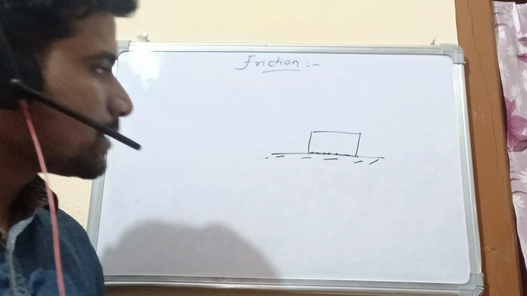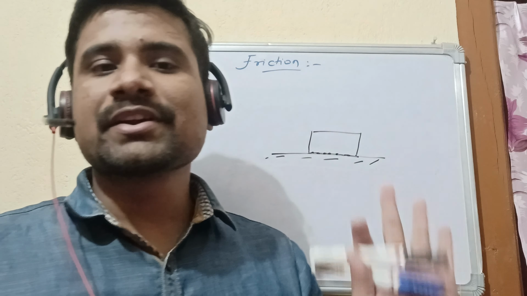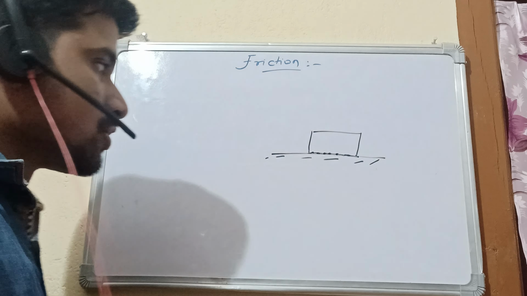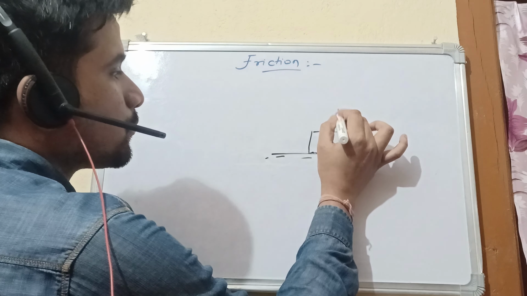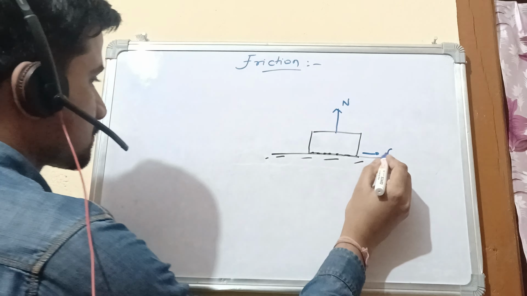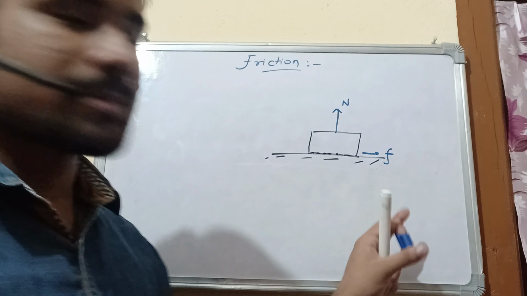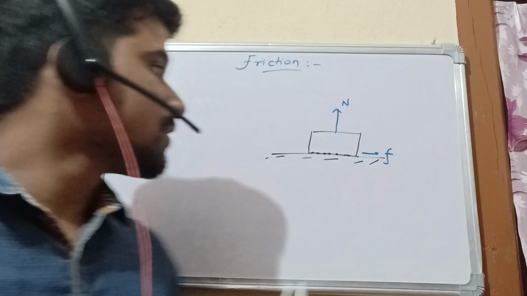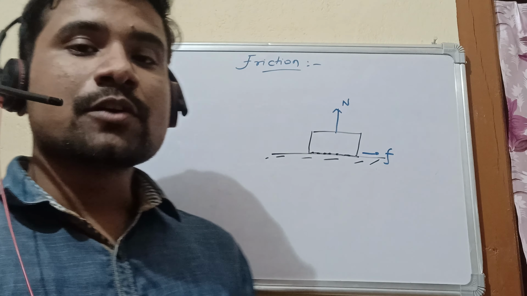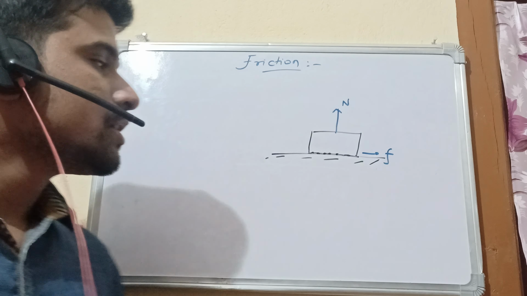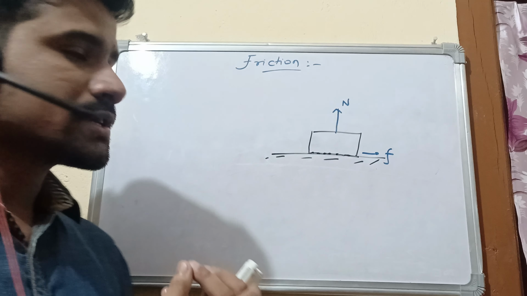Now we know that the surface offers a normal reaction as well to this block in response to the gravity. So this surface is offering two types of forces. One is the normal reaction, other is the friction. We represent friction by small f, normal reaction is represented by capital N. So we will understand what is friction and how the magnitude is given and all that.